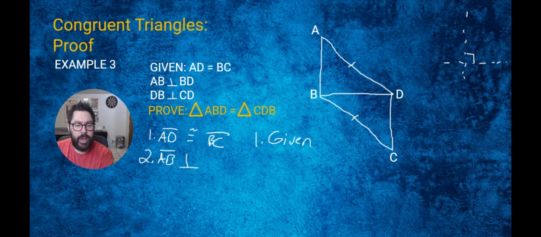So we have segment AB is perpendicular to segment BD, comma, because we have a very similar thing, segment DB is perpendicular to segment CD. And again, that was all given, so we can just write that down.